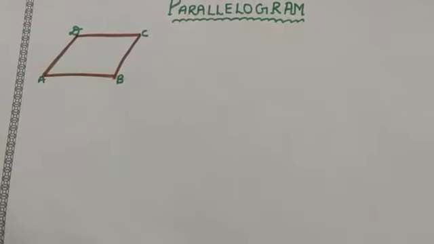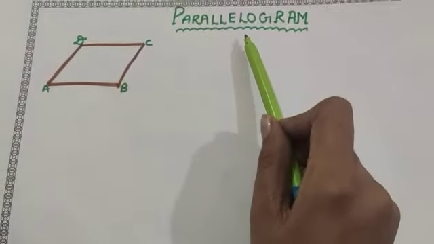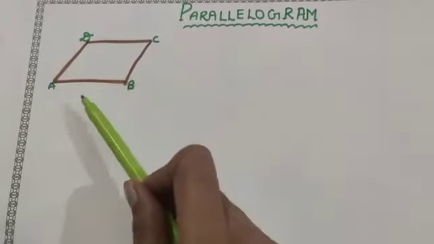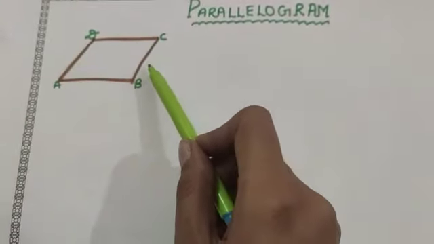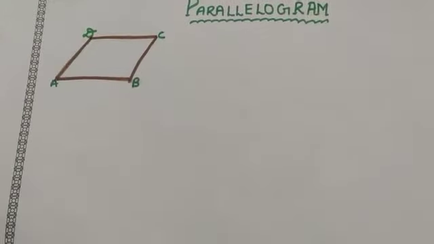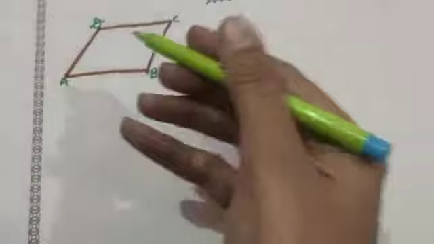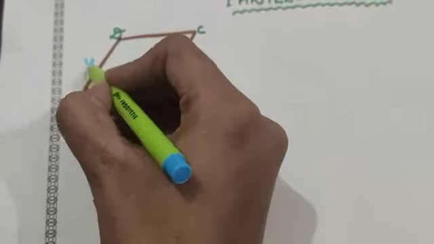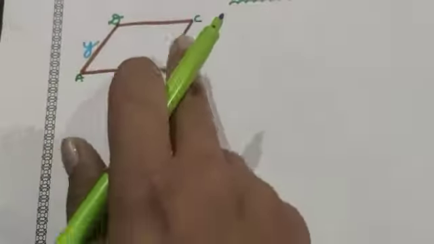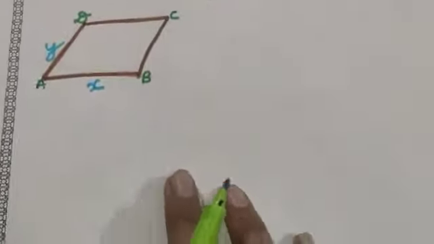So today we are going to study another type of quadrilateral, that is the parallelogram. A parallelogram is a quadrilateral in which opposite sides are equal to each other and parallel to each other. Suppose AB is x and AD is y, and I am saying that ABCD is a parallelogram, that means its opposite sides are equal and parallel.